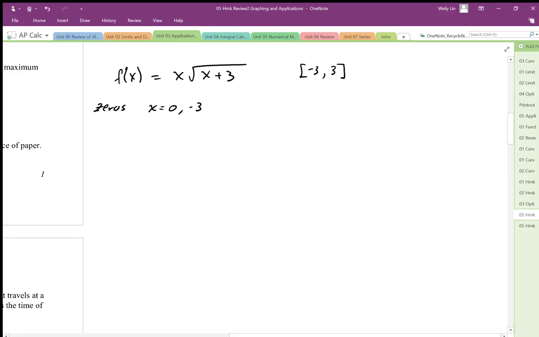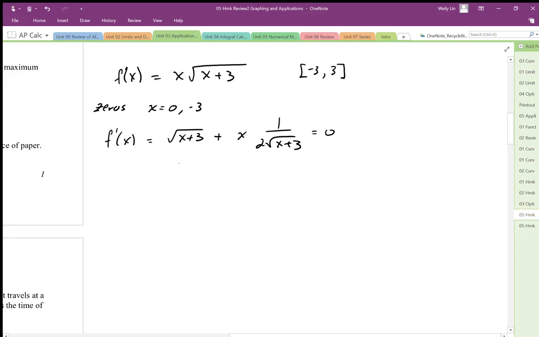Then we're going to find the derivative so we can do our slope chart, and we end up with square root of x plus 3 plus x times 1 over 2 root x plus 3. There's our derivative. We're going to set that equal to 0 and solve this.